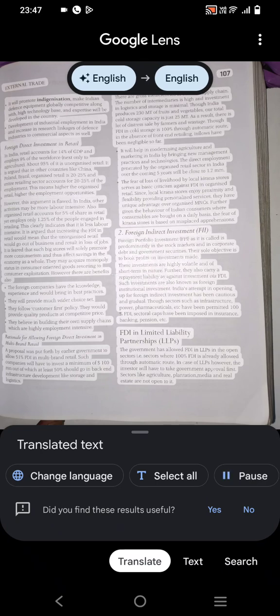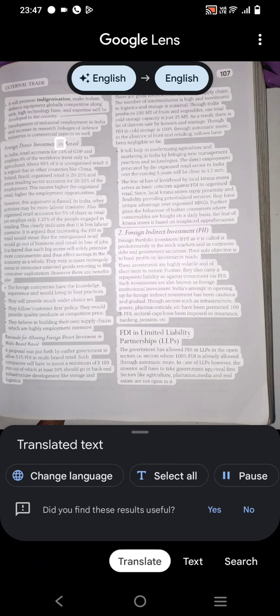It will promote indigenization, make Indian defense equipment globally competitive, and a high technology base and expertise will be developed in the country. Development of industrial employment in India and increase in research linkages of defense industries to commercial aspects as well.